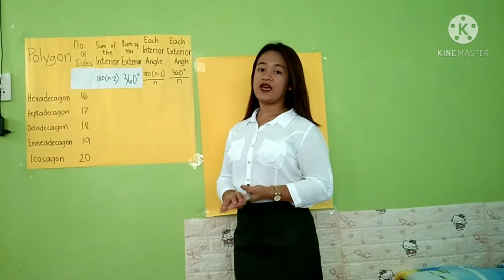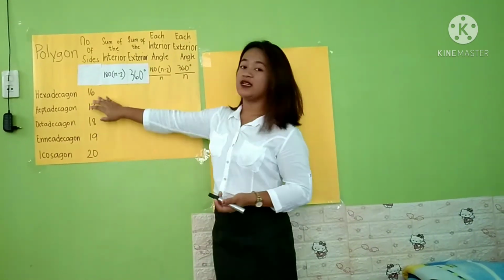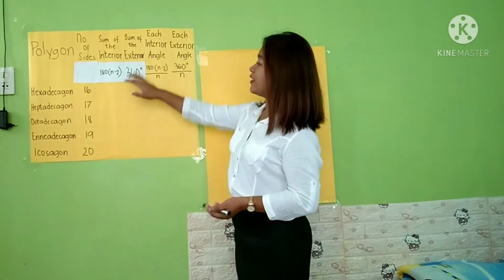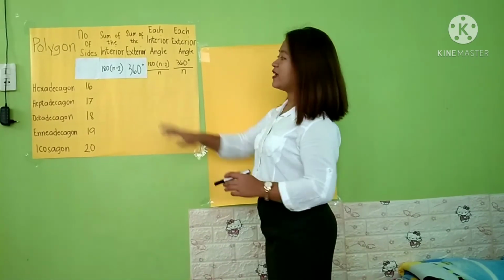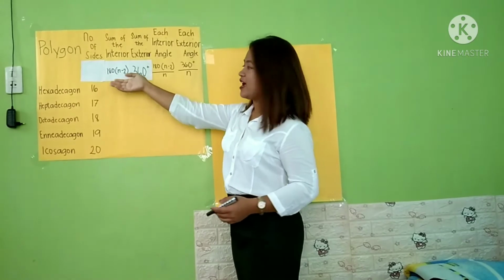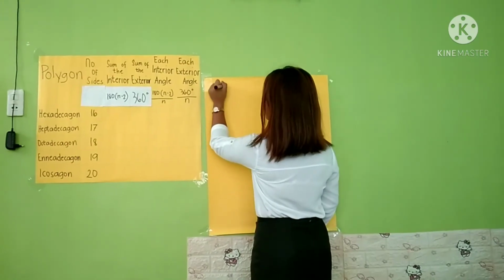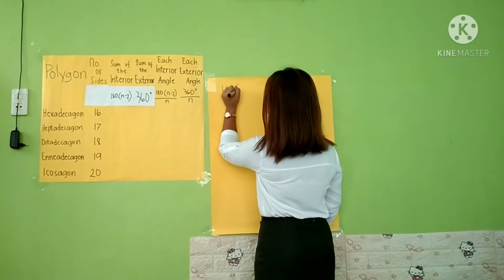The first shape to solve is the hexagon, which has 16 sides. The sum of the interior angles has a formula, which is 180(n - 2).